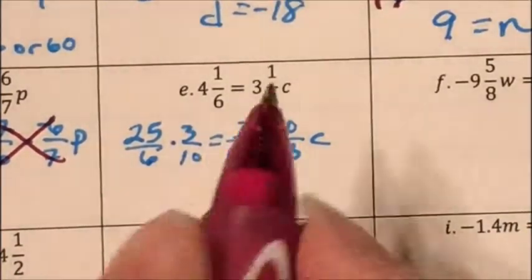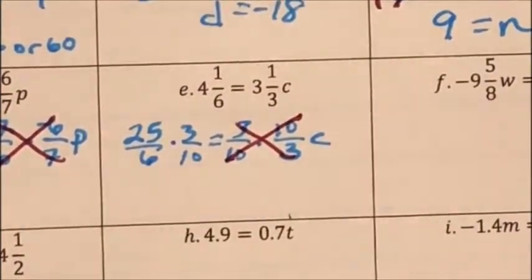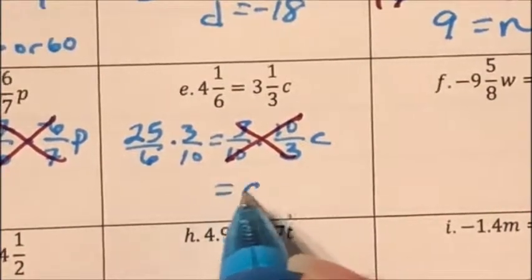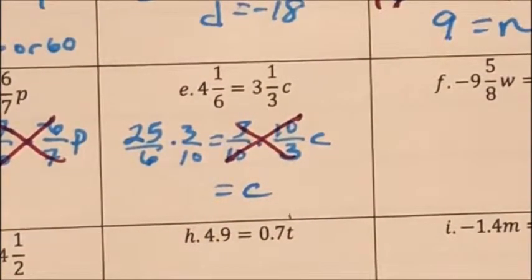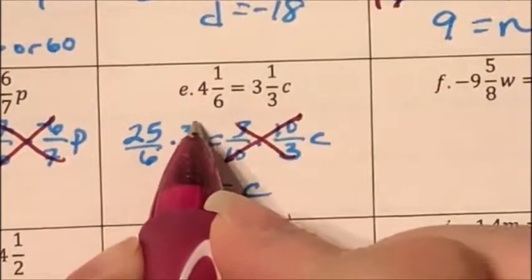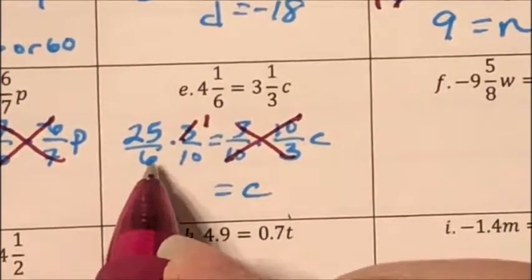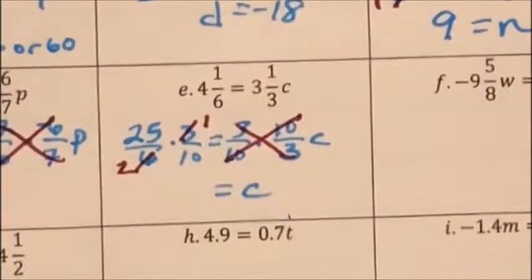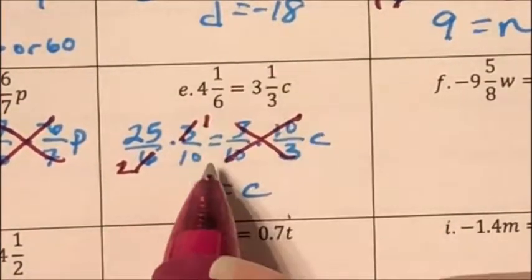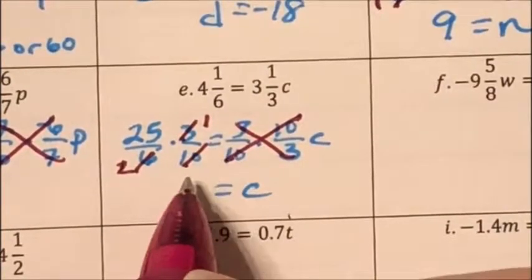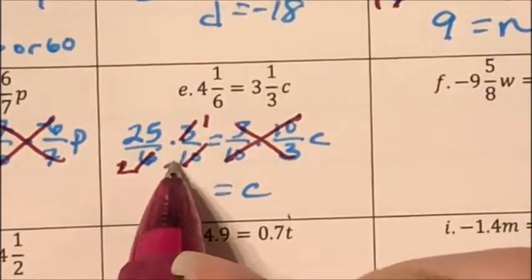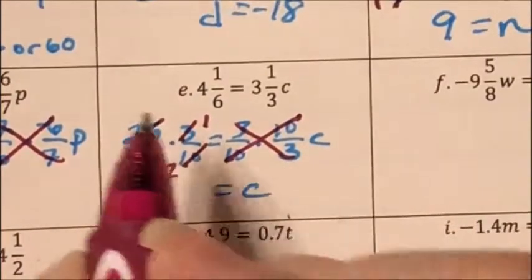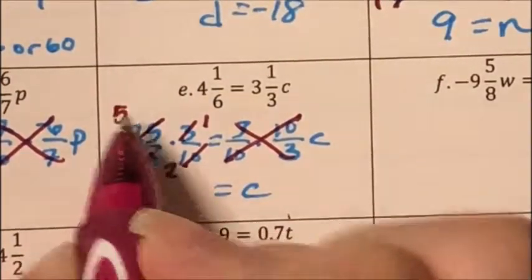Okay. This cancels. I'm left with C, which I can simplify. 3 goes in once, 6, 2. Okay. I can also simplify the 10 and the 25, both divisible by 5. 10 divided by 5 gives me 2. 25 divided by 5 gives me 5.